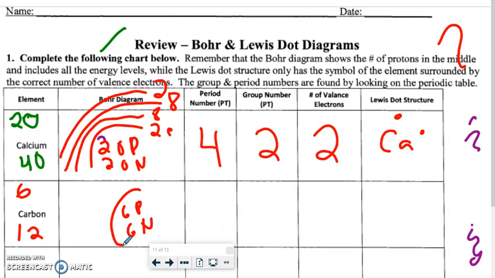All right, so if I have 6 positive protons, I also need 6 electrons. So with that, I've got 2 electrons on the first level, and then that leaves me 4 electrons left, so 4 would go in this second level. I know it can hold 8, but it's only got 4, and that's perfectly fine. So I drew 2 energy levels. So this atom must be in period 2, and my outside level has 4 electrons, so I must be in group 4.